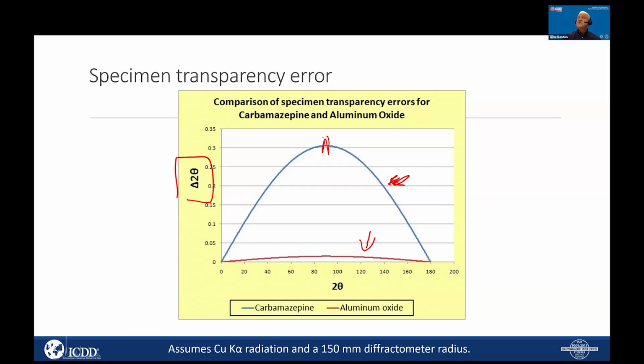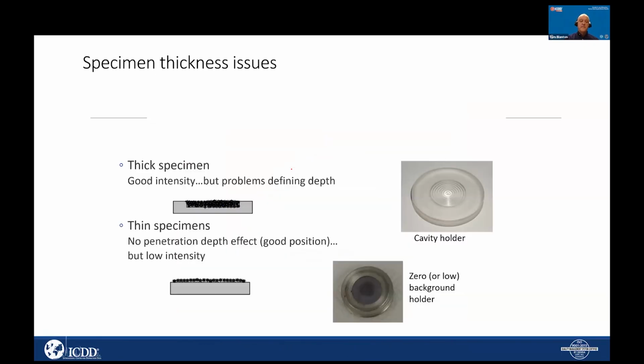So what does that mean? If I'm looking at an organic material and I'm trying to match the peaks to some reference, and I have a thick sample, as I go to higher and higher angle, I'm going to see my peaks consistently continue to shift to larger and larger 2 thetas. Sometimes people will ask, how come I'm seeing this effect? This is your transparency error. You're penetrating deeper into the sample.